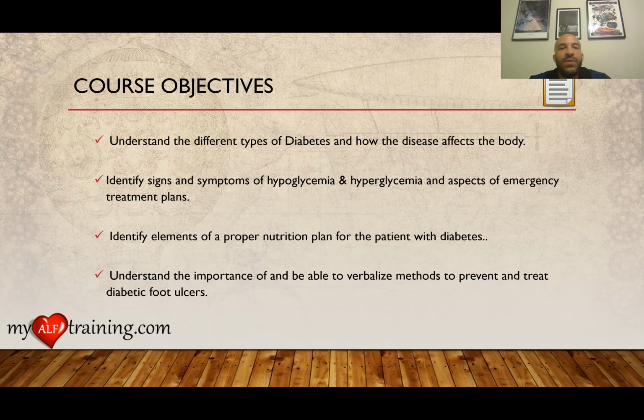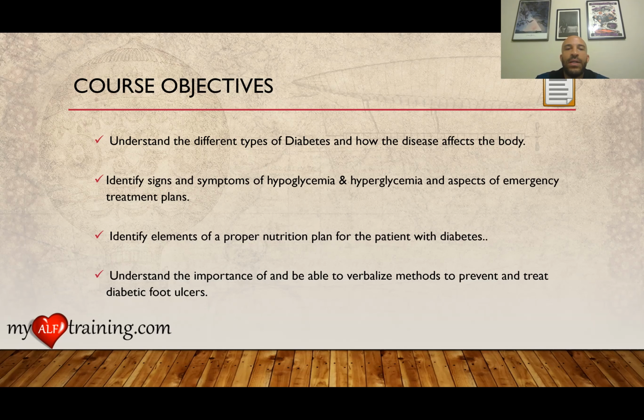Our second objective was identifying signs and symptoms of hypoglycemia and hyperglycemia and aspects of the emergency treatment plans. So we talked about hypoglycemia, the mnemonic TIRED, and we talked about hyperglycemia and how I refer to that as the too much food effect.